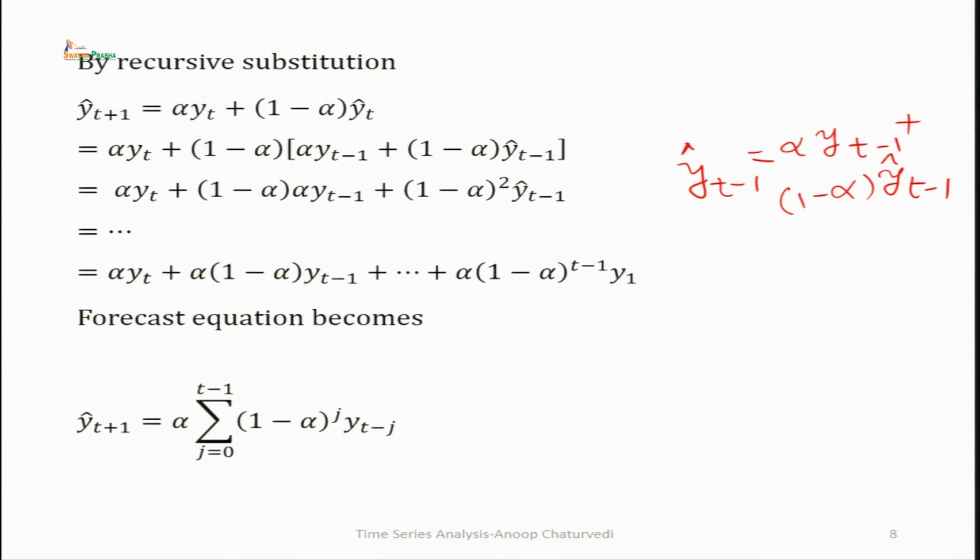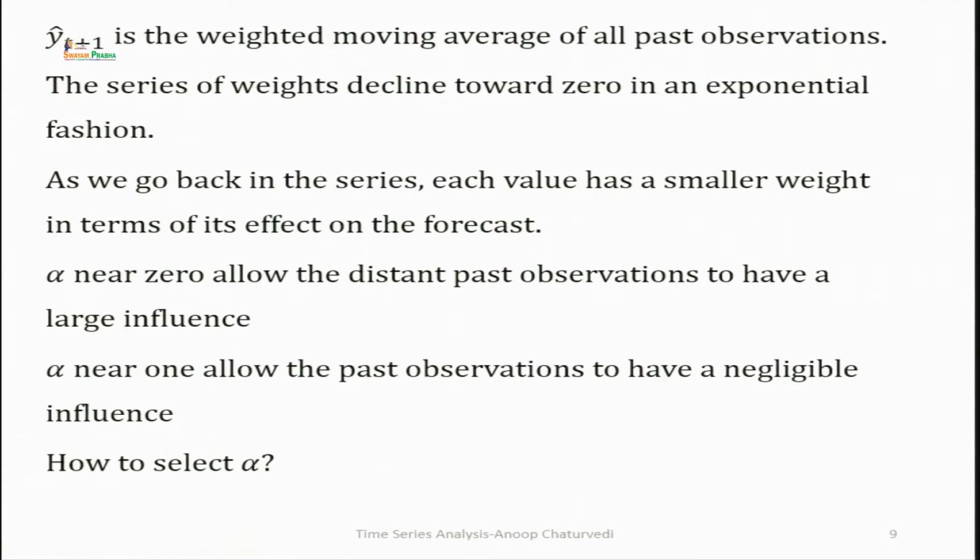So, you can write the forecast equation as y hat t plus 1 equal to alpha, and you can take alpha outside the summation sign, then summation j equal to 0 to t minus 1, 1 minus alpha to the power j y t minus j. For j equal to 0 you get this term, for j equal to 1 you get this term and so on. For j equal to t minus 1 you get the last term. Y hat t plus 1 is then the weighted moving average of all past observations.